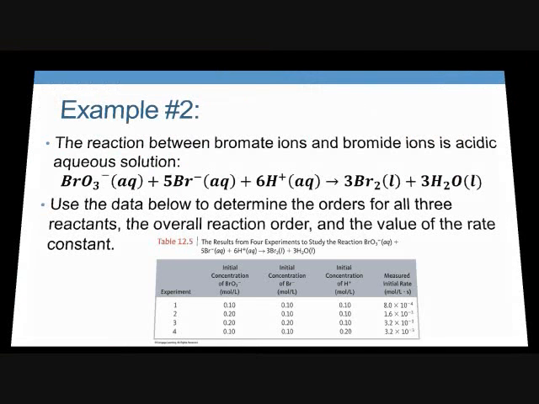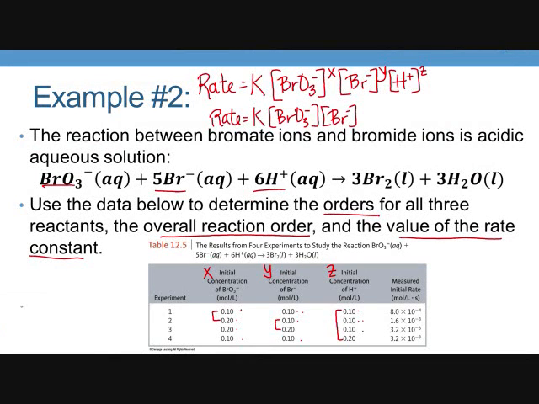So to finish out our rate law, we have H plus squared. Okay, so now we have determined the orders for all 3 of the reactants. Now we need to find the overall reaction order. So it's first order for the BrO3, it's first order for the Br minus, it's second order for the H plus.